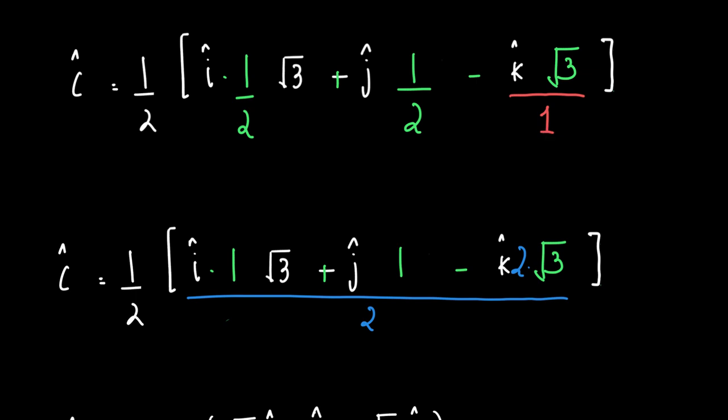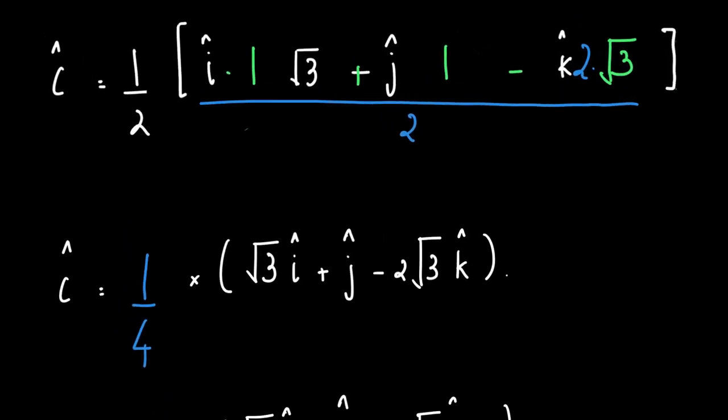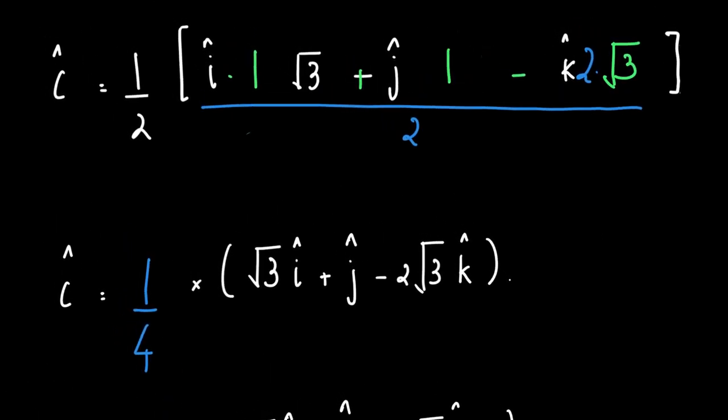So now the complete denominator becomes 2 here. 2 divided by 1 is 2, 2 times k root 3 is 2k root 3. Now, 1 by 2, 2 times 2 is 4. So 1 by 4 times root 3i plus j minus 2 root 3k.